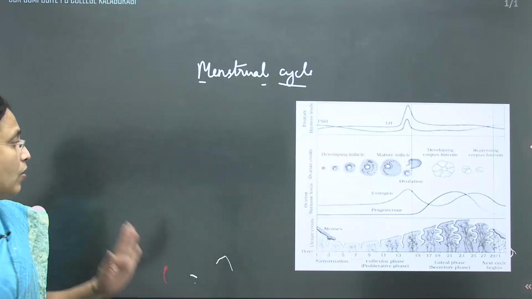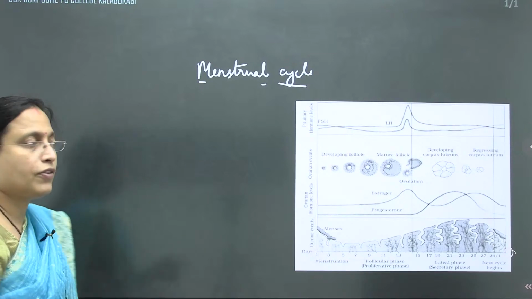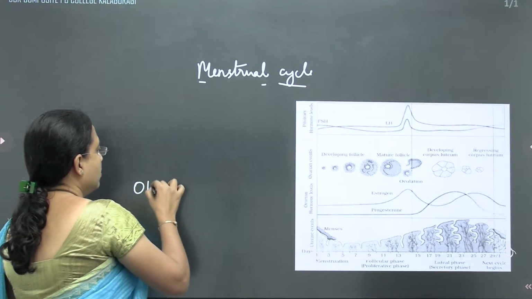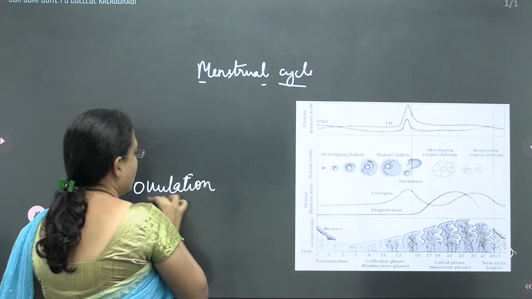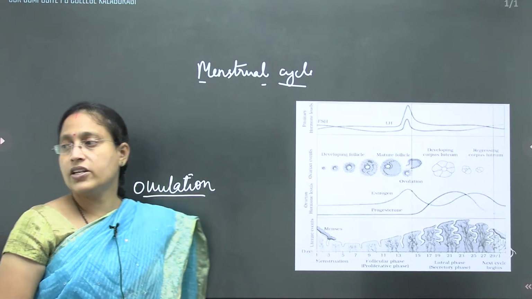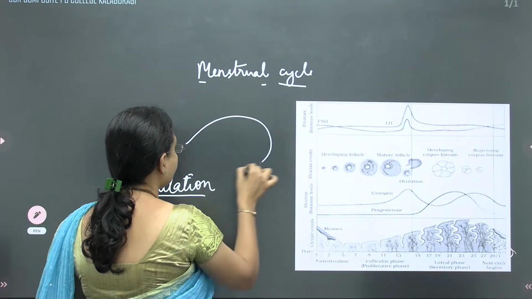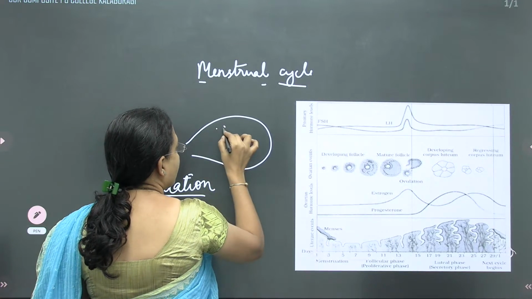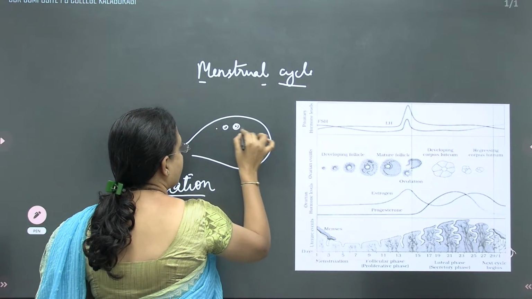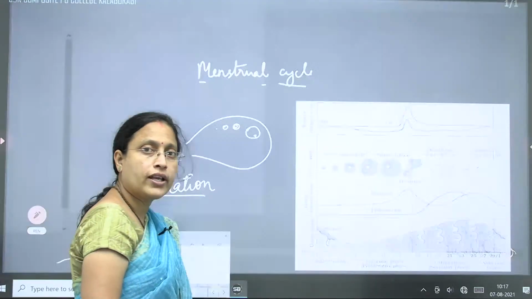Then yesterday I explained a phenomenon called ovulation. So what is ovulation? In the ovary, as the follicles develop, primary follicle, secondary follicle, tertiary follicle, and finally Graafian follicles.